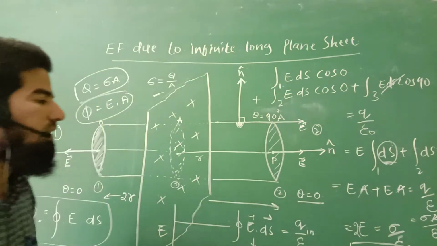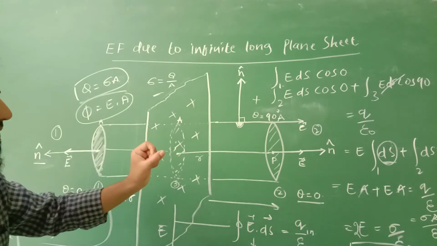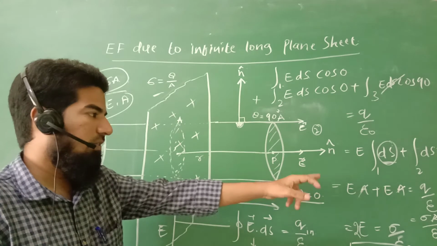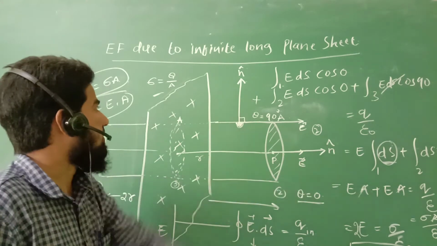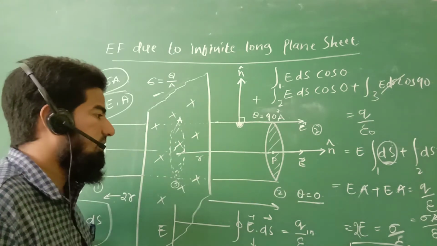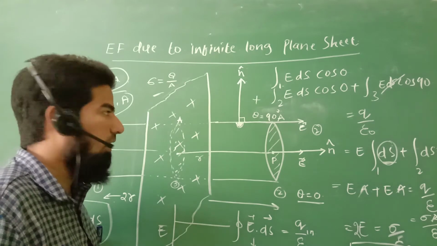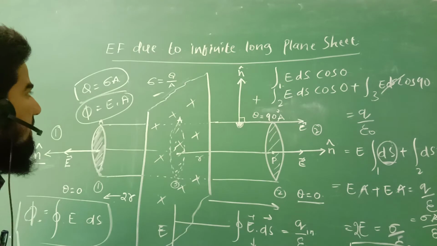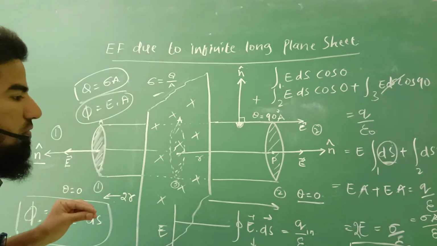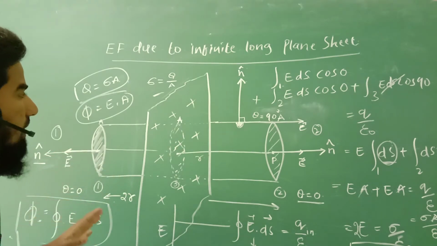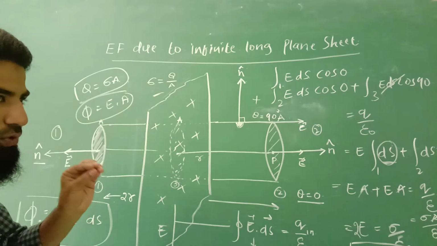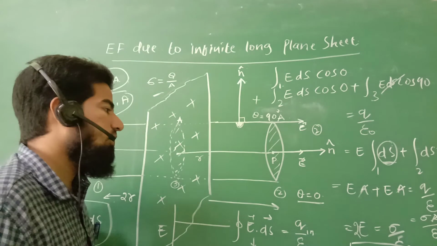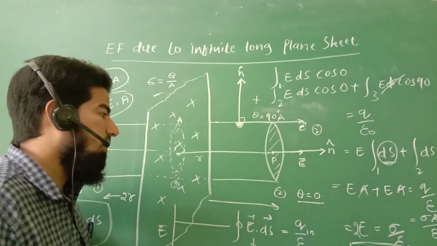Here we are replacing the charge q by the surface charge density. I have already told you that the surface charge density is the charge per unit area, so we put sigma A equals q. In place of q we put sigma A, so sigma A divided by epsilon naught.